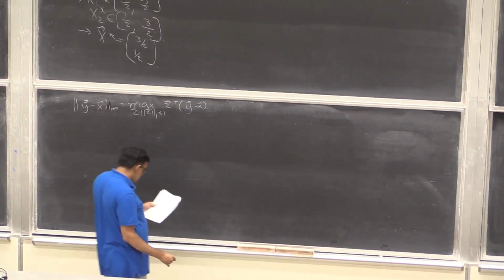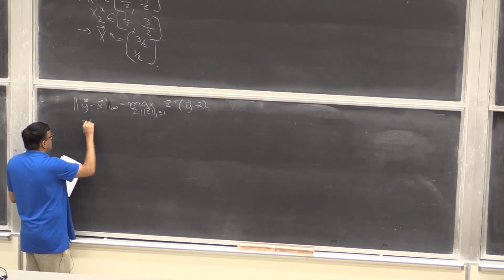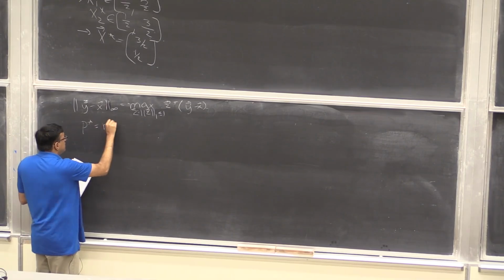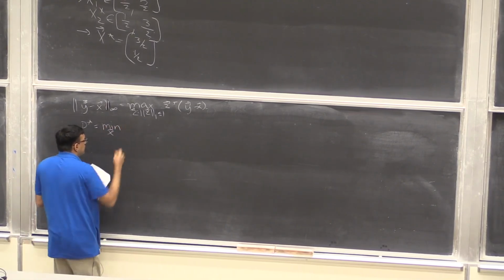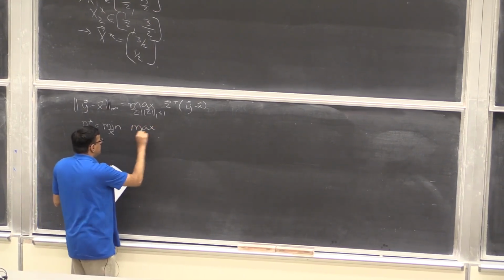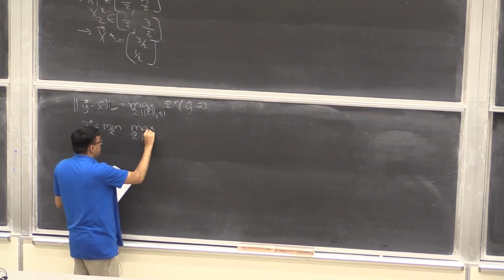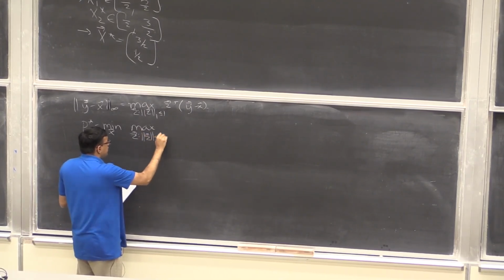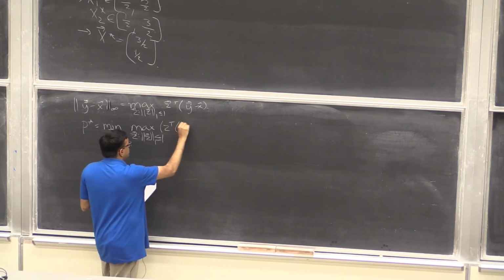The way we do this is we just say that p star is equal to min over x, and now we use this max representation over z such that one norm of z is less than or equal to 1 of z transpose (y minus x).